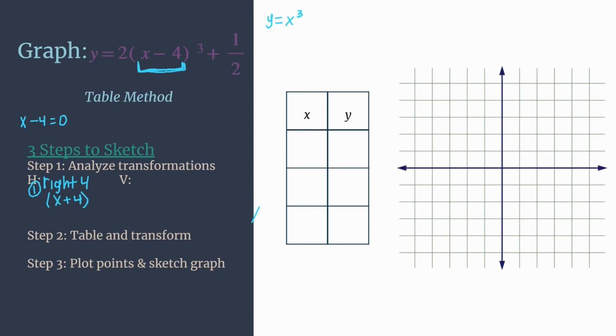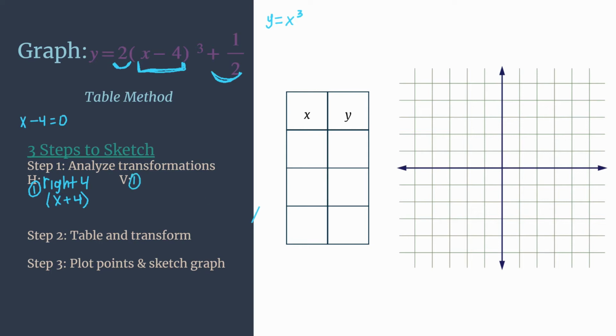Now we can catalog our vertical transformations. We know these affect our y coordinates only, and we see there are multiple of them, so we really want to be thinking to apply these in PEMDAS order. So we're looking at this 2 out front and this plus 1/2 in the back. PEMDAS tells us we should apply multiplication before addition, so we will do this 2 times first.